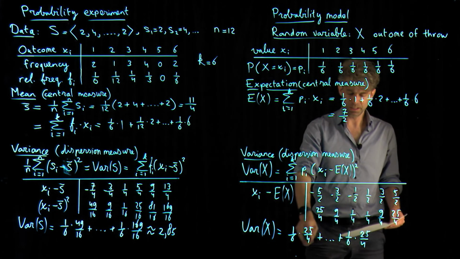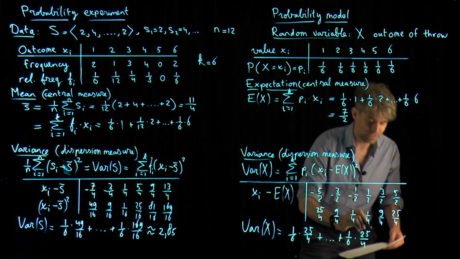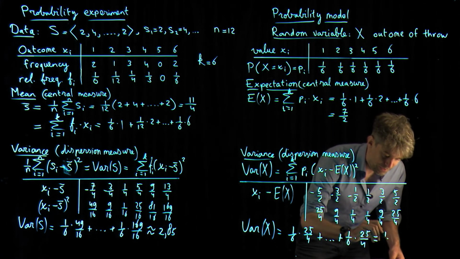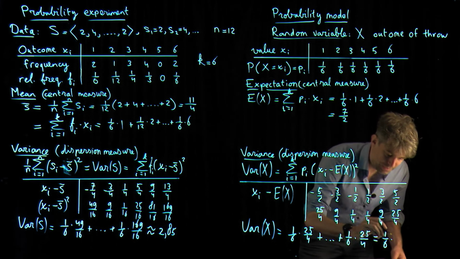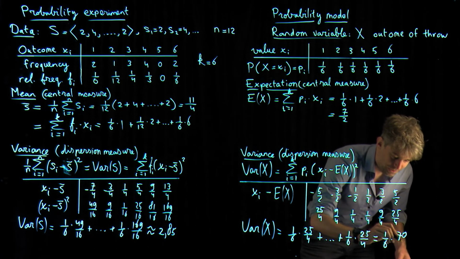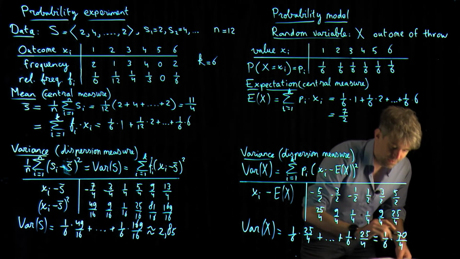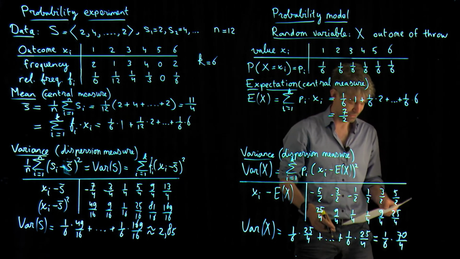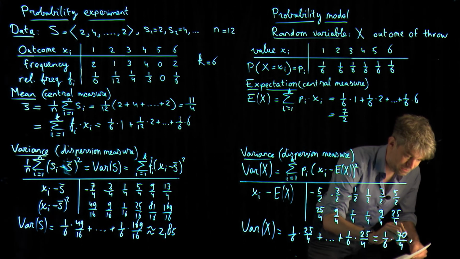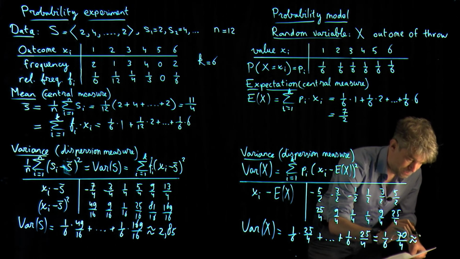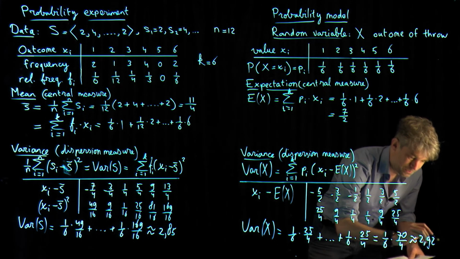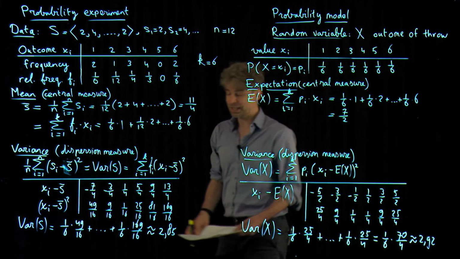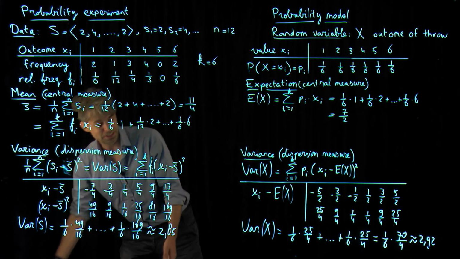And you can see each time it's 1/6. So actually it should be 1 over 6 times, what did I just say? 70 over 4. Okay, so well, you compute this and it turns out to be more or less 2,92.